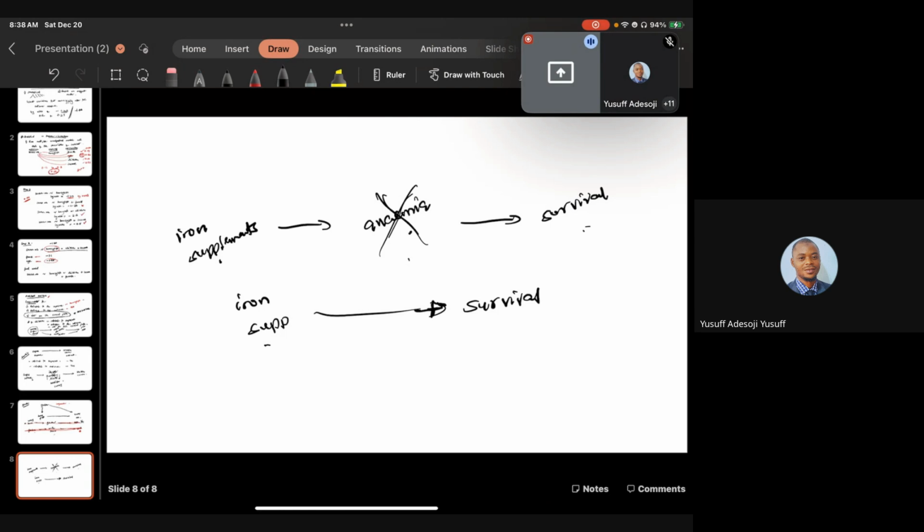But if you give iron supplements to women who have anemia, it will affect their risk of survival. It will improve their likelihood of surviving. So the point I'm trying to make here is that anemia here is a mediator, not a confounder.